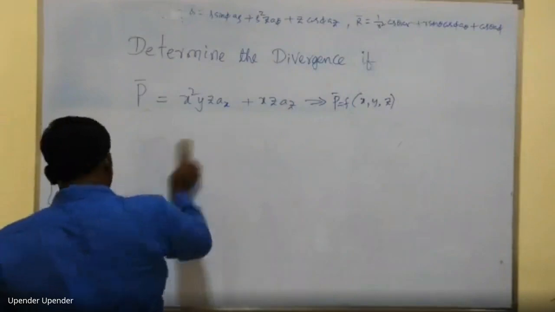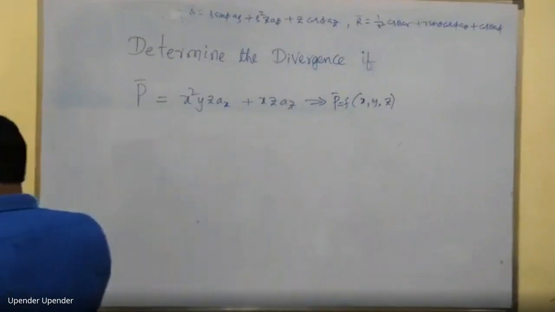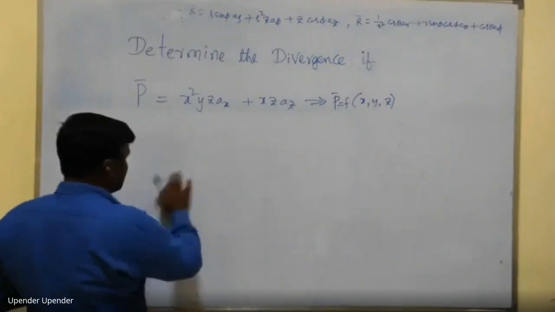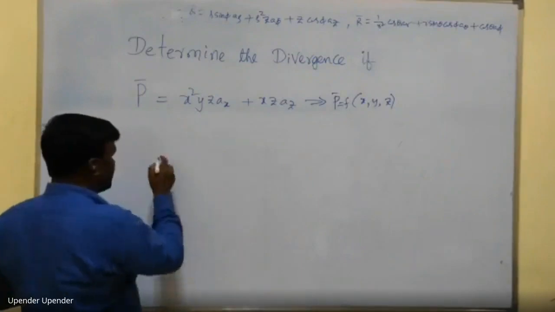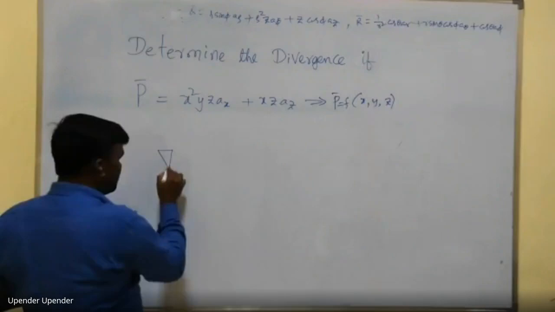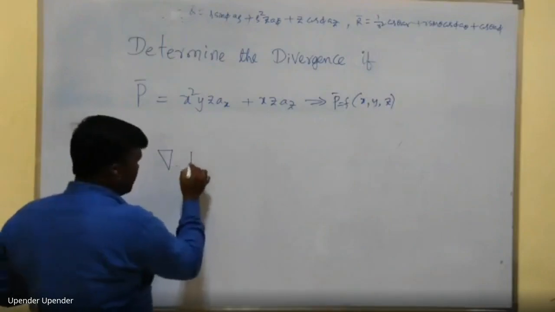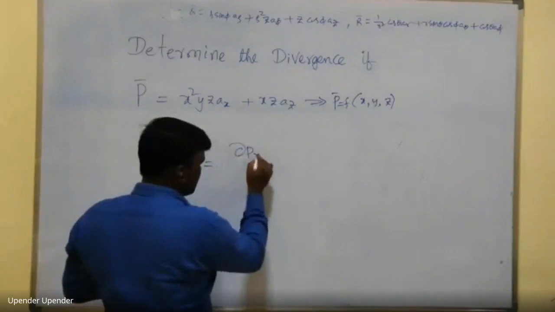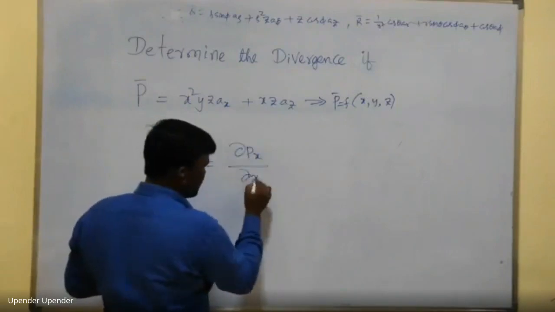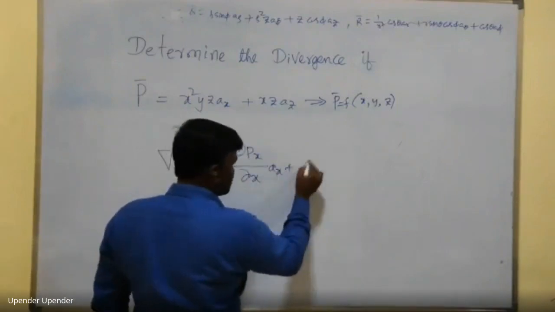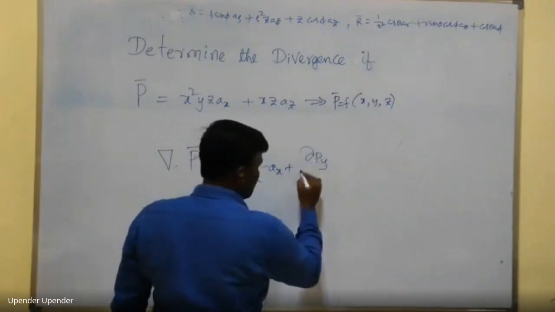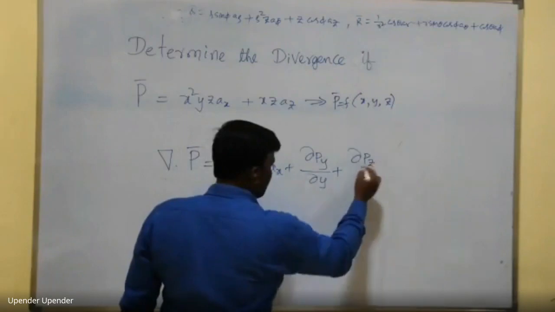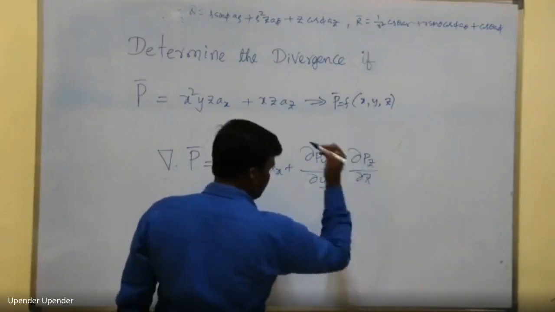So here what do we require? Divergence in Cartesian coordinate system. The divergence formula in Cartesian coordinate system is given by del dot p bar, which is nothing but dou px by dou x plus dou py by dou y plus dou pz by dou z.